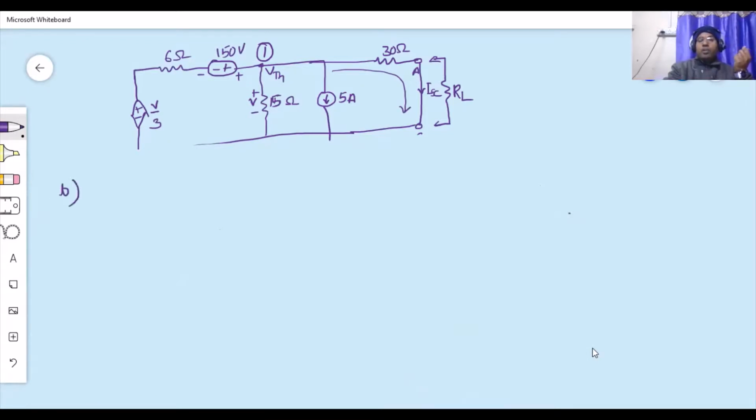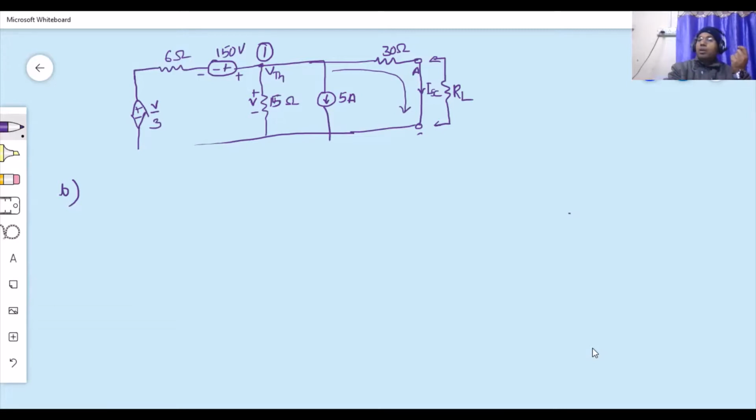In this part, we have to calculate the value of RL for which maximum power is dissipated through that load resistance RL. Since from maximum power transfer theorem, we know that the maximum power will be delivered to a resistance RL connected to the circuit only when the value of RL is equal to the Thevenin equivalent resistance of that circuit. And here we have Thevenin equivalent resistance of the circuit as 30 ohm.